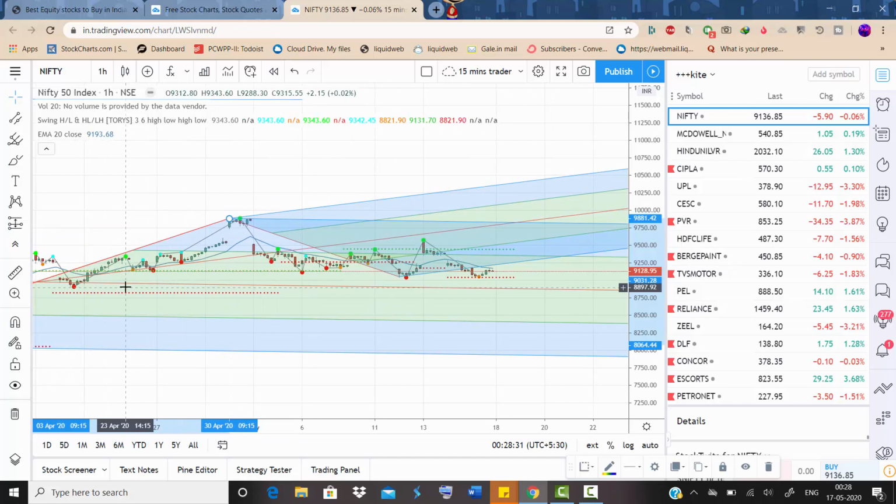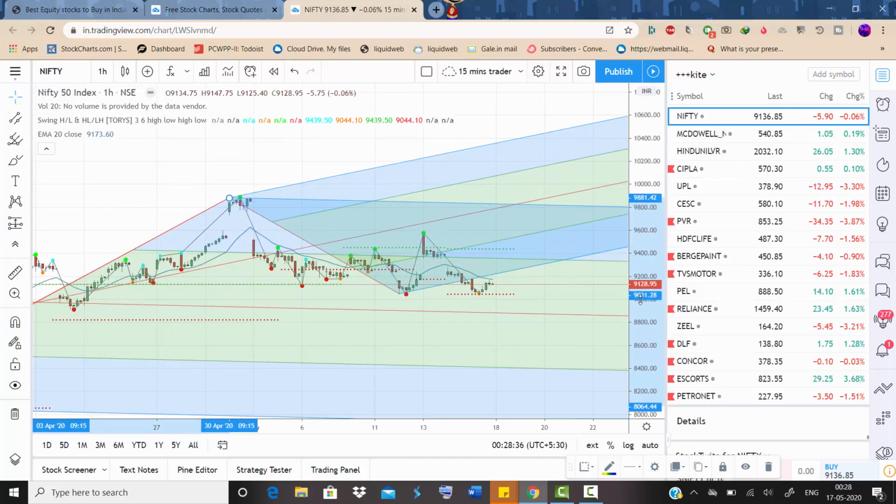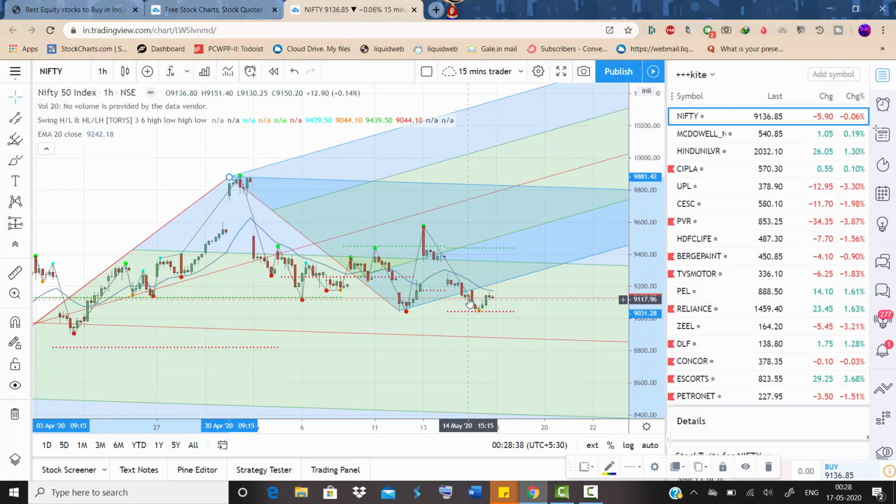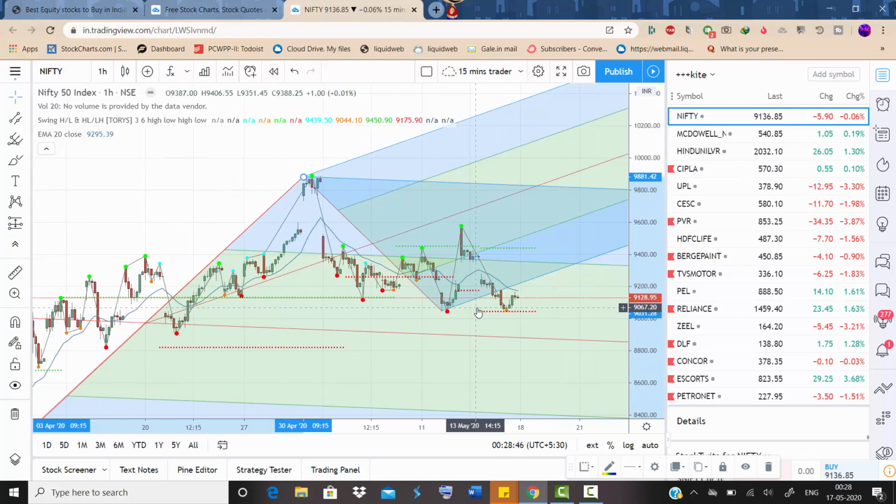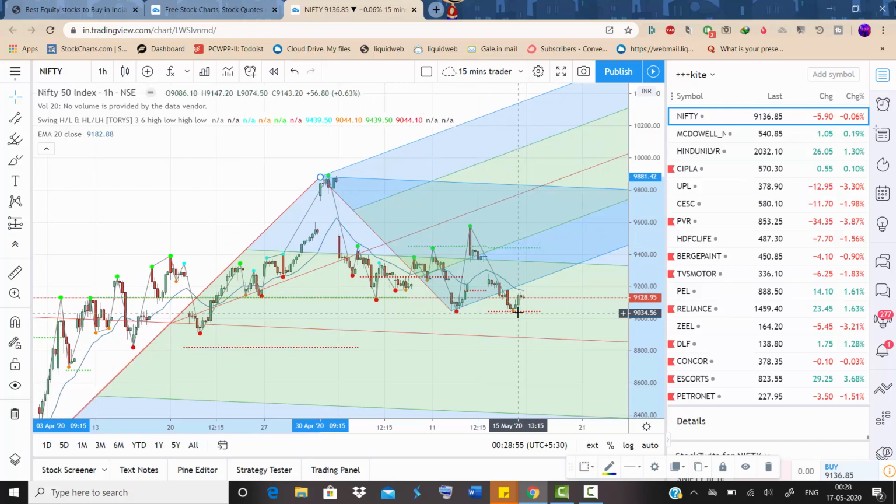You can see on intraday charts, once this channel has been violated, there is a strong downtrend to this resistance zone. So it will try to come here. So whenever the stock is trying to go into this blue region, there are people who keep selling.